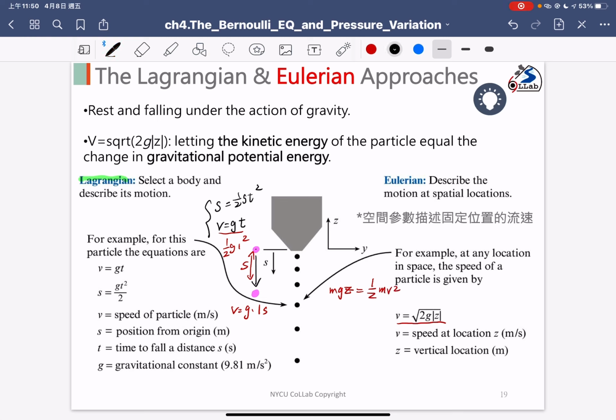So I cancel out the mass, and the velocity equals the root of 2gz, right? So for the Eulerian, we don't need to know the initial points. If you provide the d, maybe d is 2 meters, based on the function here, I can predict the velocity at these locations. Okay, so the Eulerian doesn't need the initial point, but the Lagrange does.